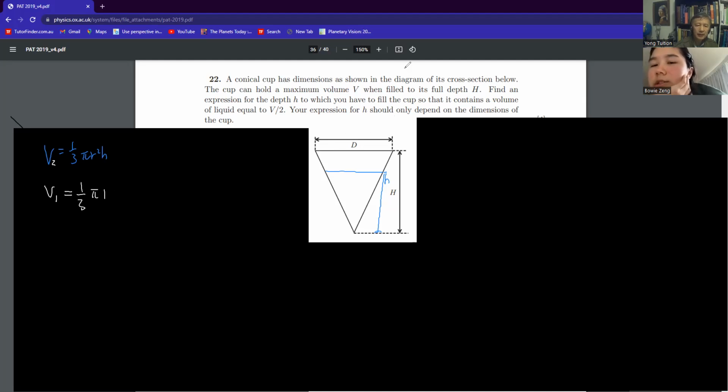Pi r D over half, 2. This is a very simple equation. Another condition is that V1 is half, equal to 2 of V2, isn't it? That is 3 equations. Do you agree?